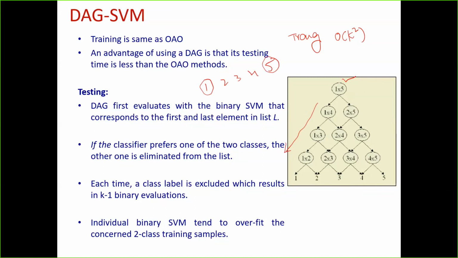As you move towards the left side, decrease the right side number by 1. It means 5 is reduced to 4, 4 is reduced to 3, 3 is reduced to 2. Similarly, as you move towards the right side, increase the left side number by 1. So 1 is increased to 2, 2 is increased to 3, 3 is increased to 4. Repeat the same process for all the internal nodes as well, right?